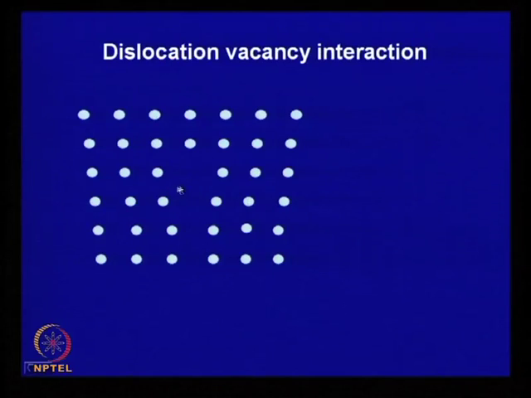So, that will be a very stable configuration. In that case, what is happening is that this edge dislocation has moved up. This is called a climb motion of a dislocation. We call this a non-conservative motion of dislocation.